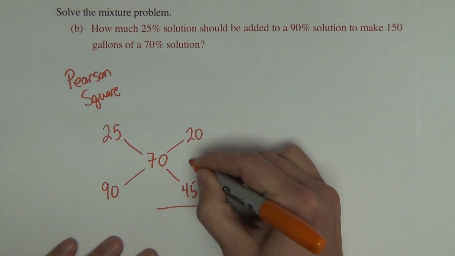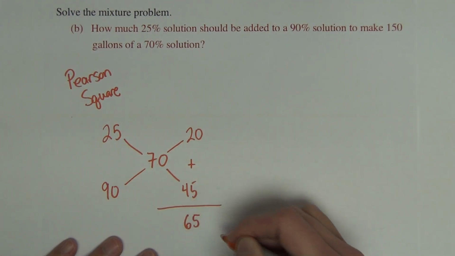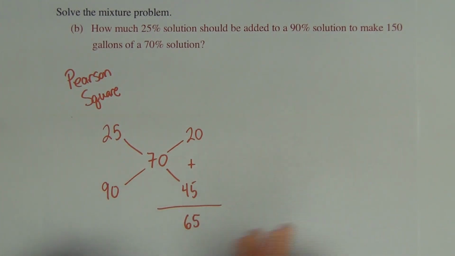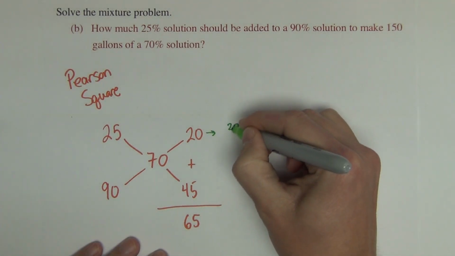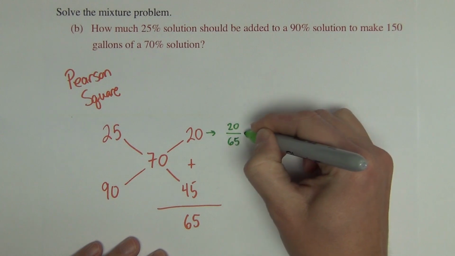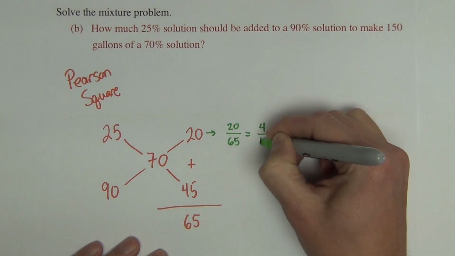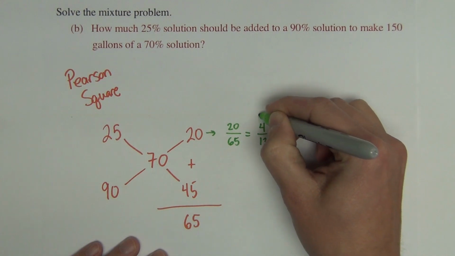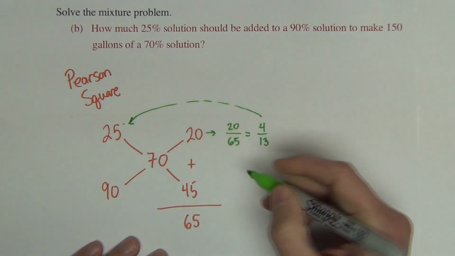What we want to do is add these two parts together, giving us 65 total parts. Okay? What we've got at the end of these lines are the parts out of 65. I've got that 20 over 65, which reduces to 4/13. 4/13 of my total should be the 25%.